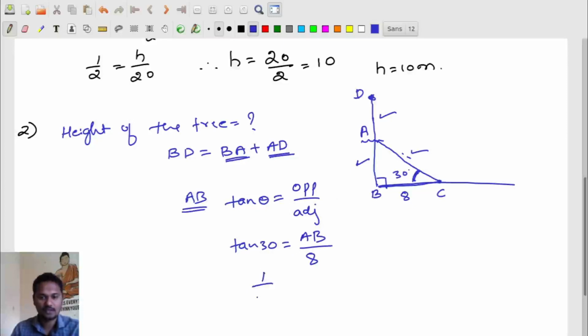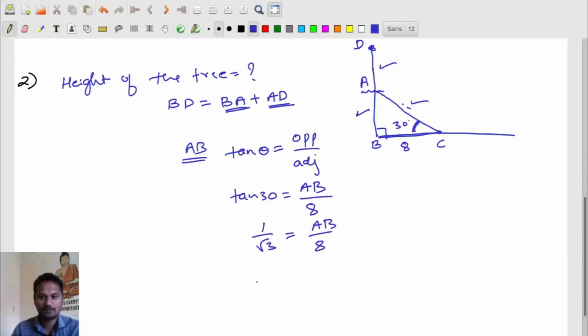Tan 30 is 1 by root 3, AB here and then 8 here, right? Okay, so then if you cross multiply, then AB is equal to 8 by root 3. So we got AB here.